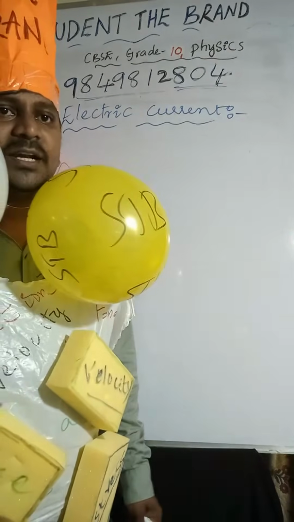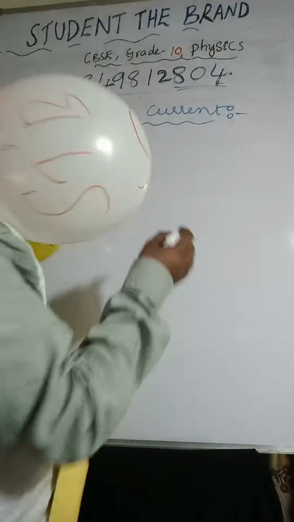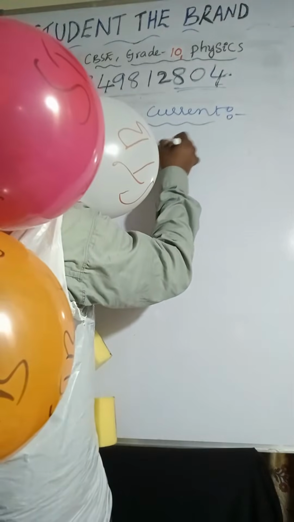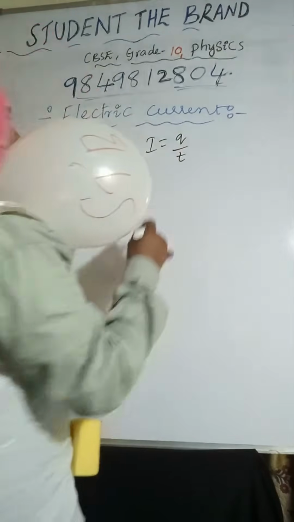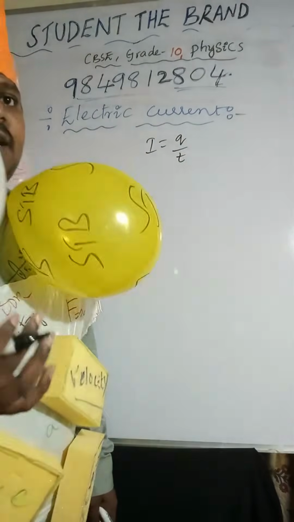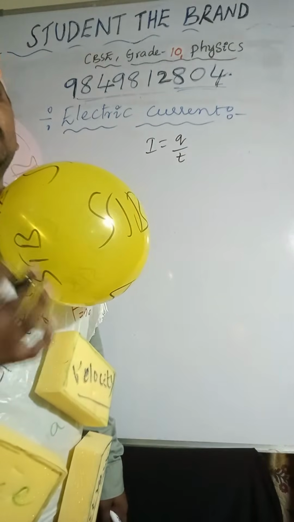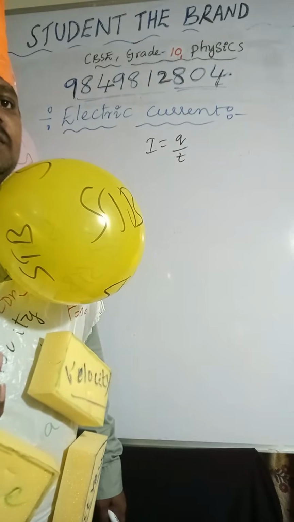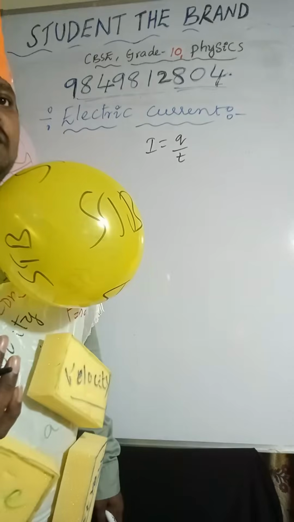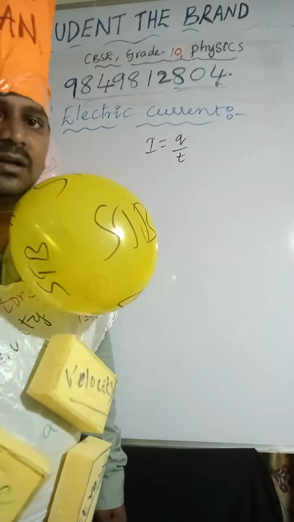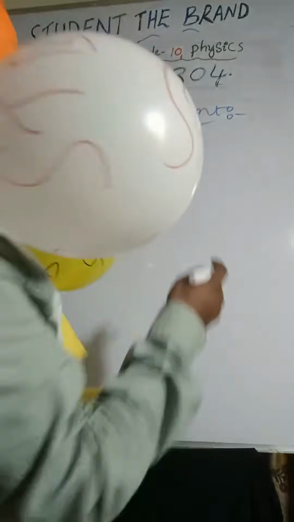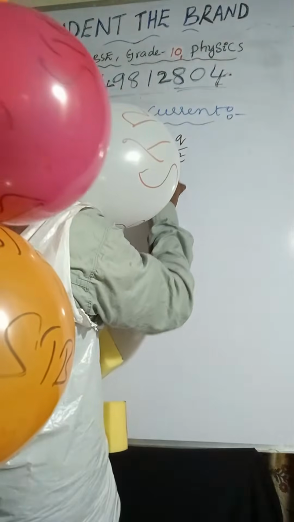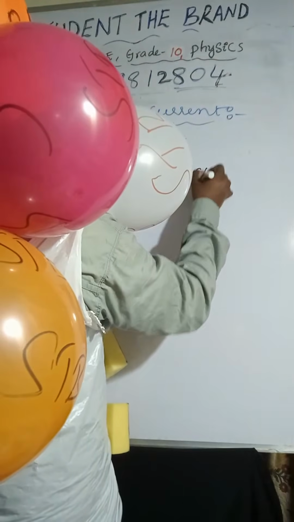I equal to Q by T. So 1 ampere is defined as 1 coulomb of charge flowing through unit cross-section area per second, and that is called electric current. I equal to Q by T. So 1 ampere equal to 1 coulomb per 1 second.